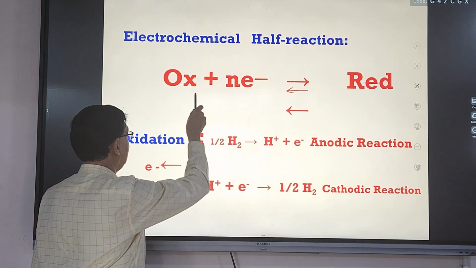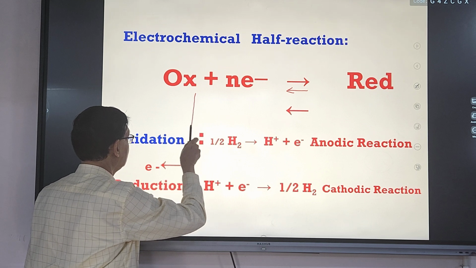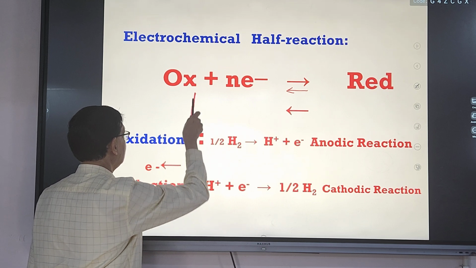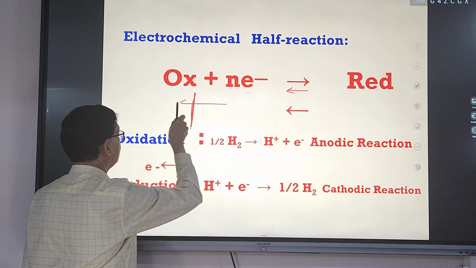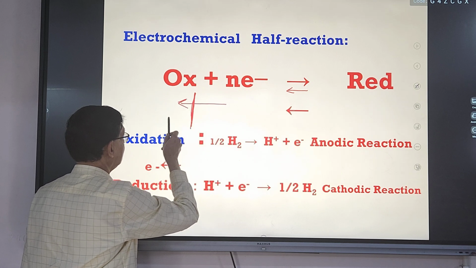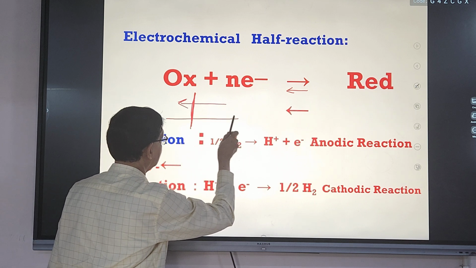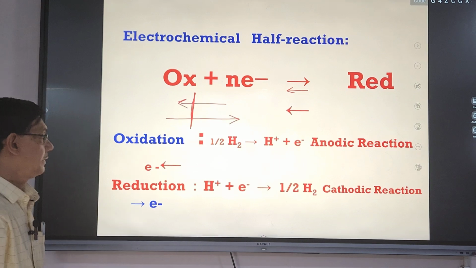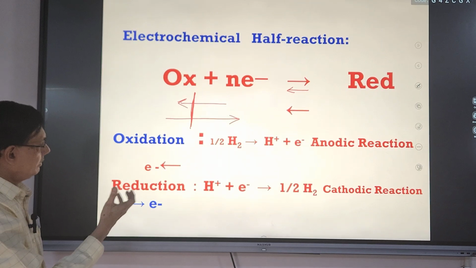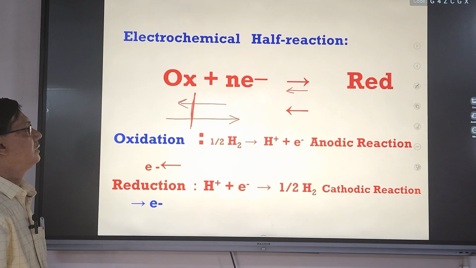If it is an oxidation, the electron is coming to this side. And if it is a reduction, that electron is lost. So it is a very undergraduate level of things.